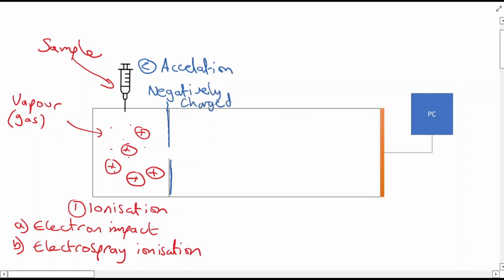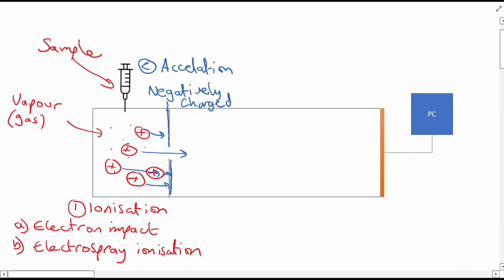Technically, the number is minus 5,000 volts. But as long as you know it's negatively charged, you'll be fine. And these positive ions here are attracted to the plate. When they hit the plate, they discharge. But this one here, when it gets attracted, it's going to slingshot through and go through the hole.